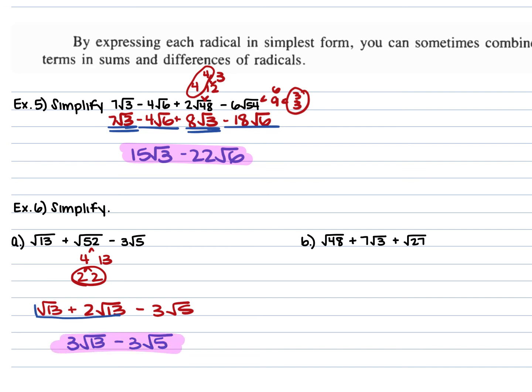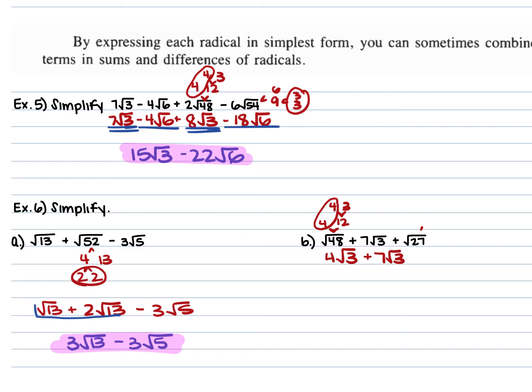For our last example, B, we have the square root of 48 plus 7 square root 3 plus the square root of 27. That 48 we did earlier, and we said that it was 4 times 12, and 12 is 4 times 3. So this simplifies to be 4 square root 3.